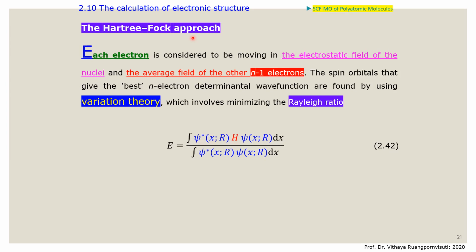The spin orbitals that give the best n-electron determinantal wave functions are found by using the variation principle, which involves minimizing the Rayleigh ratio, as shown in equation 2.42.